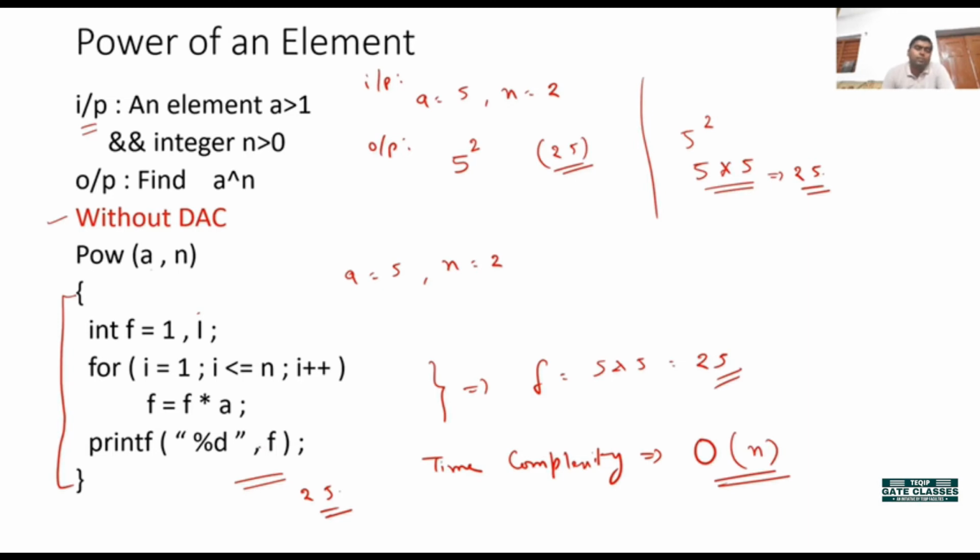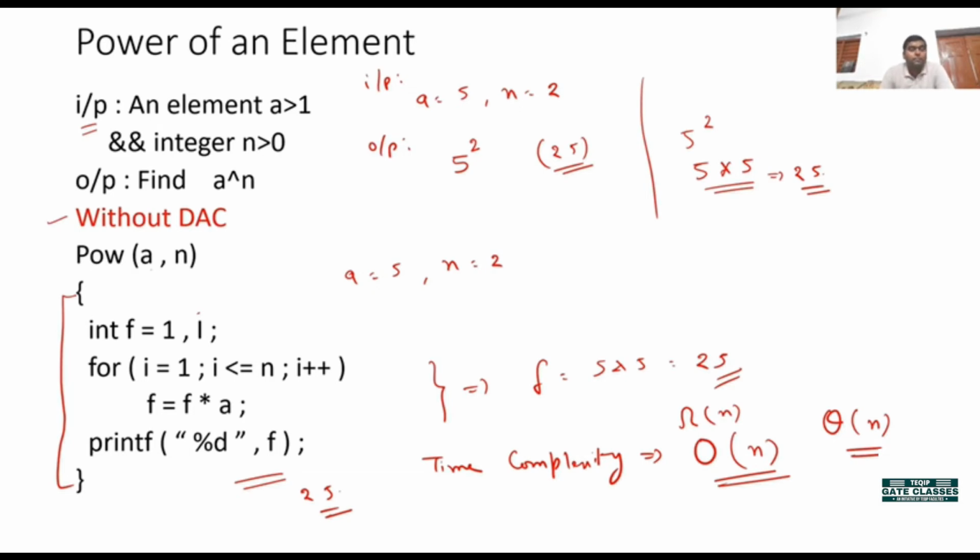Why is it order of n? Because n times the loop is running, each and every time it is multiplying by a and storing the number. So this is order of n. So we can say that the best case is also order of n, because ultimately n times it will run. The worst case is also the same, so it can be represented as theta of n. So this is without the divide and conquer approach.